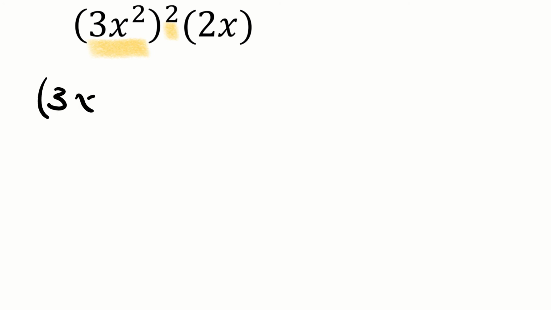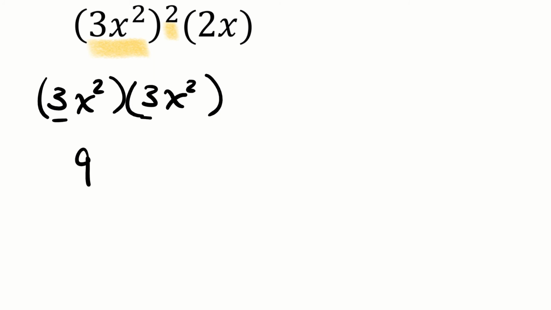This is 3x squared times another 3x squared. If this was to the 10th power, I would not do this, but I can do this. 3 times 3 is 9. And x squared times x squared, when I multiply those, I end up with 4 factors of x. So that's 1, 2, 3, 4. It becomes 9x to the 4th power.